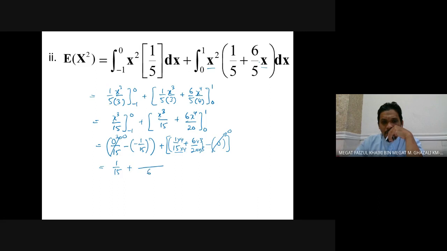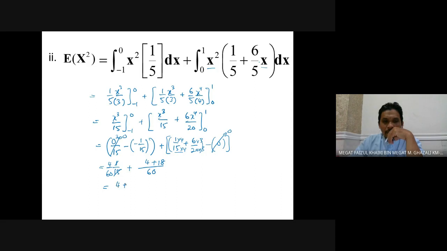So then 6 times 3 equal to 18. So now class, I'd like to change this in terms of 60. 15 times 4 equal to 60, then 1 times 4 equal to 4.